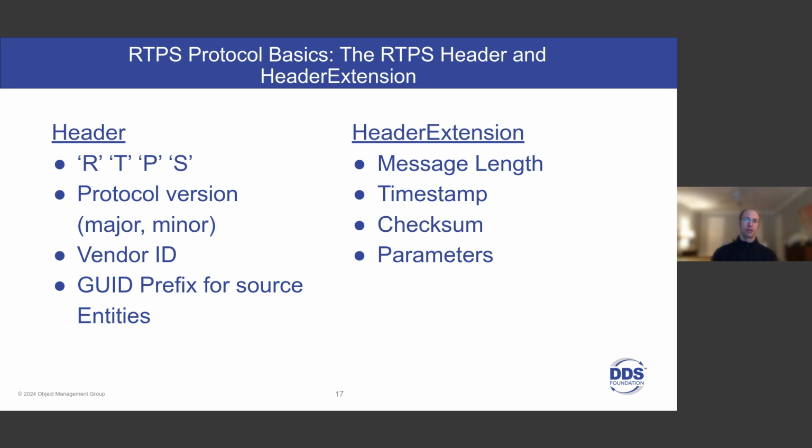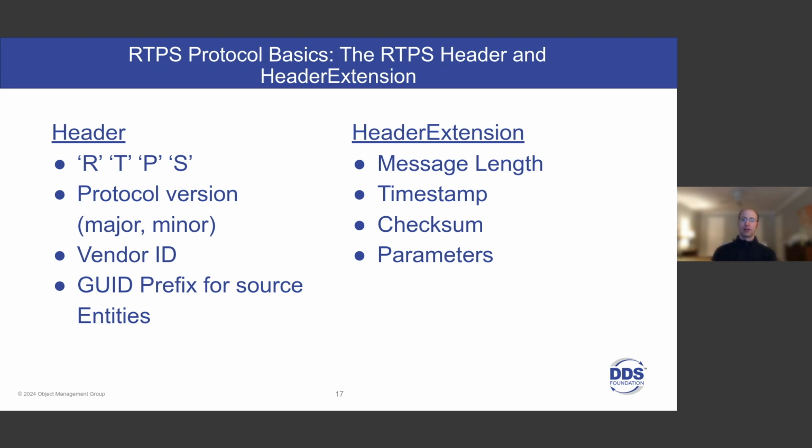So the header starts with just RTPS, as in ASCII characters, to identify it as an RTPS message. That is followed by a protocol version, which is a major and minor. Again, that would be 2.5 if you're implementing the 2.5 spec. It's then a vendor ID, which is 2 bytes.